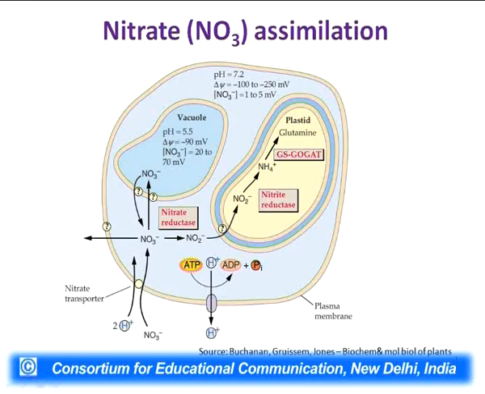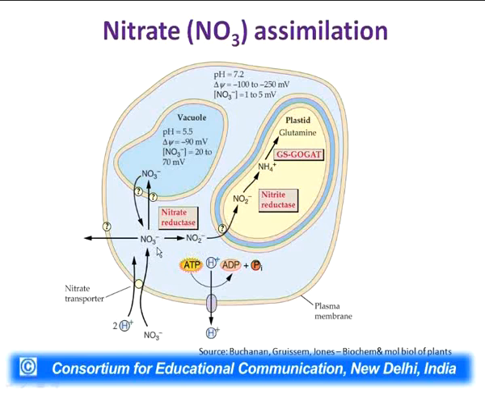This nitrate plants absorb, and if it is required, it would go to the plastid, where it would be converted again into ammonia. So, plants cannot use nitrogen without making it into ammonia. This nitrate, NO3 minus, converts to nitrite, NO2 minus.